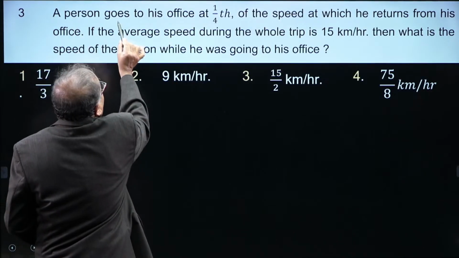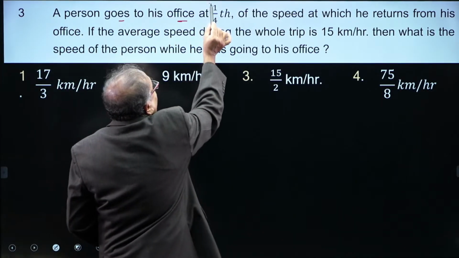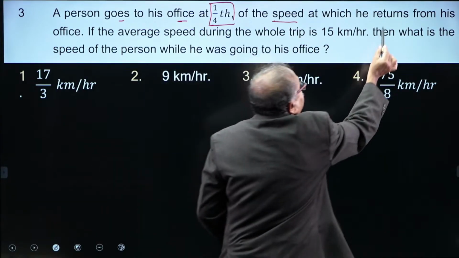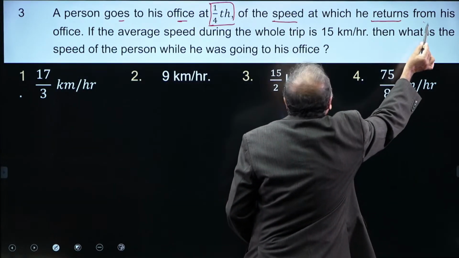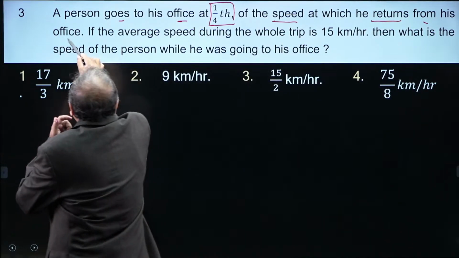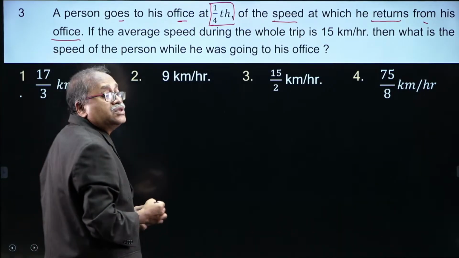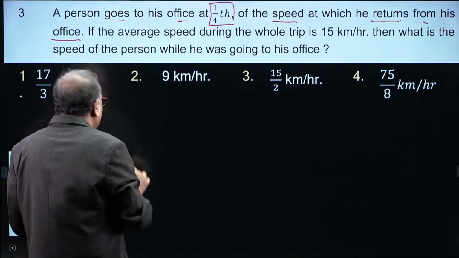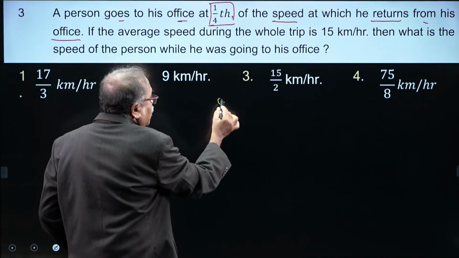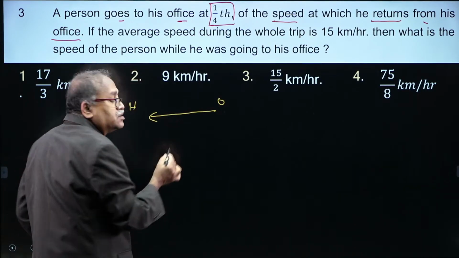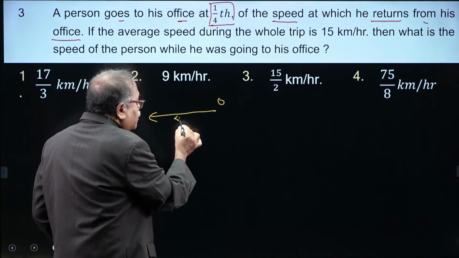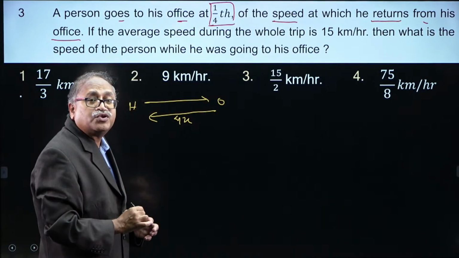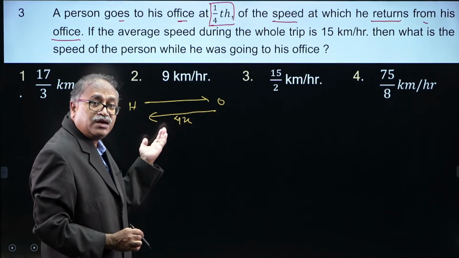A person goes to his office at 1/4 of the speed at which he returns from his office. So, if this is home, and this is office, if he returns from office at 4x speed, he goes to office at 1/4 of the speed he returns.